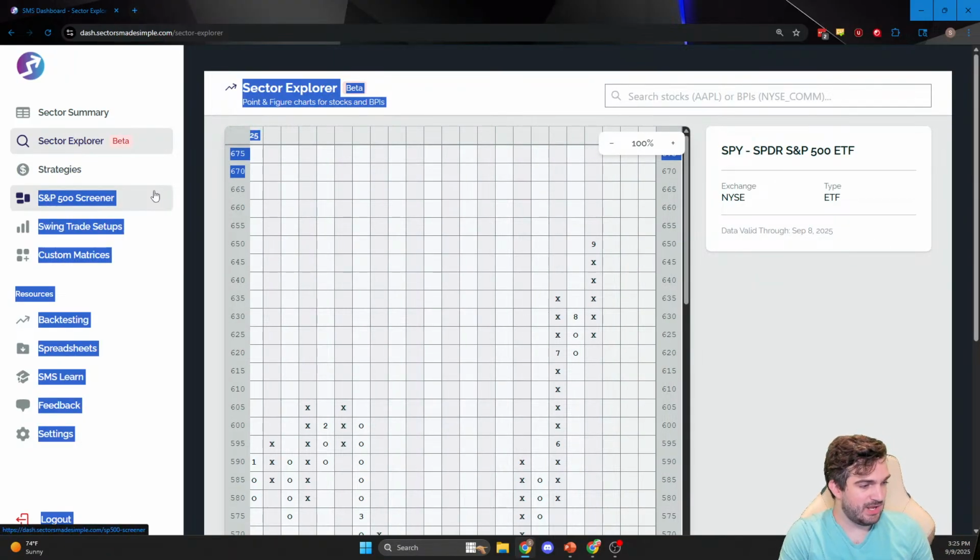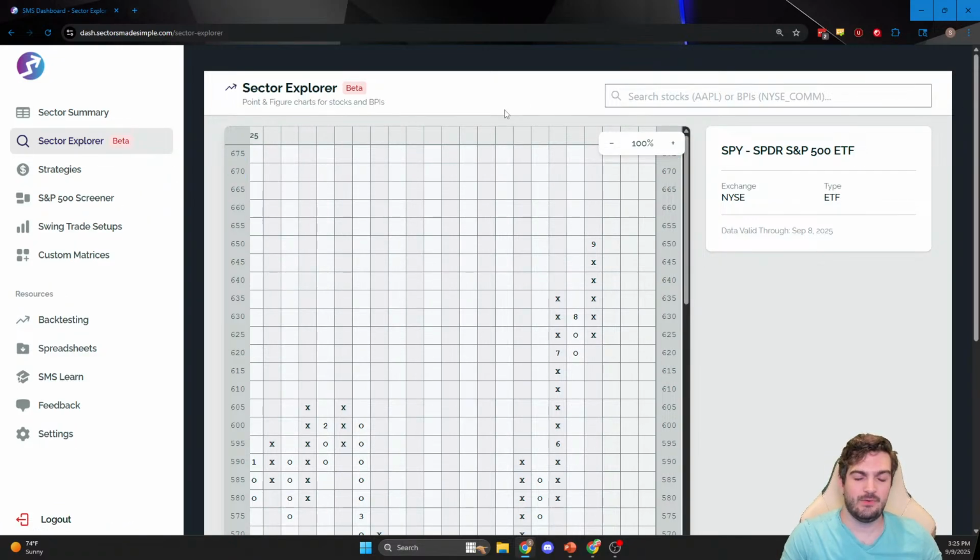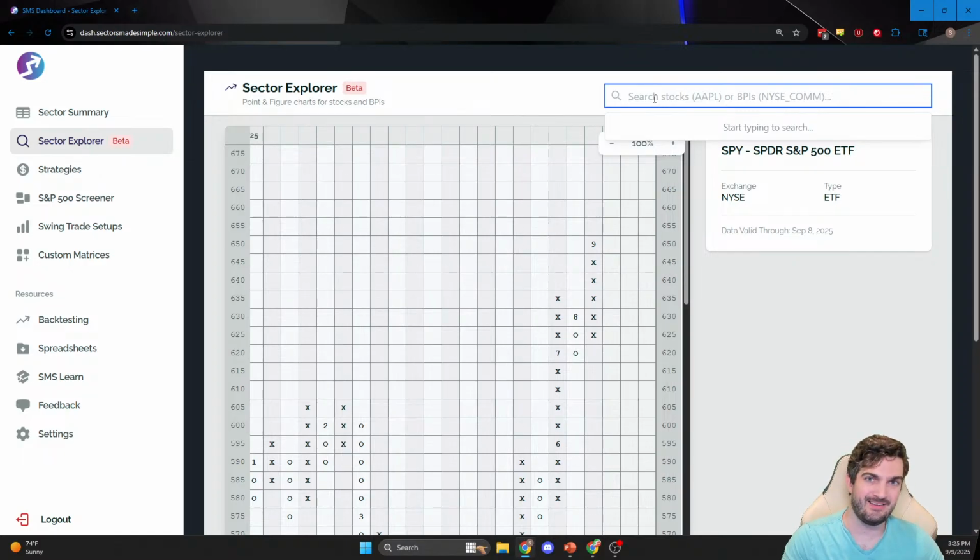So the question is, when is the long-term strength for an ETF strongest? We have to remember that long-term strength is referring to a point and figure breakout or breakdown. A buy signal is a breakout, which is a column of X's going above the previous. A sell signal or breakdown is a column of O's going below the previous.